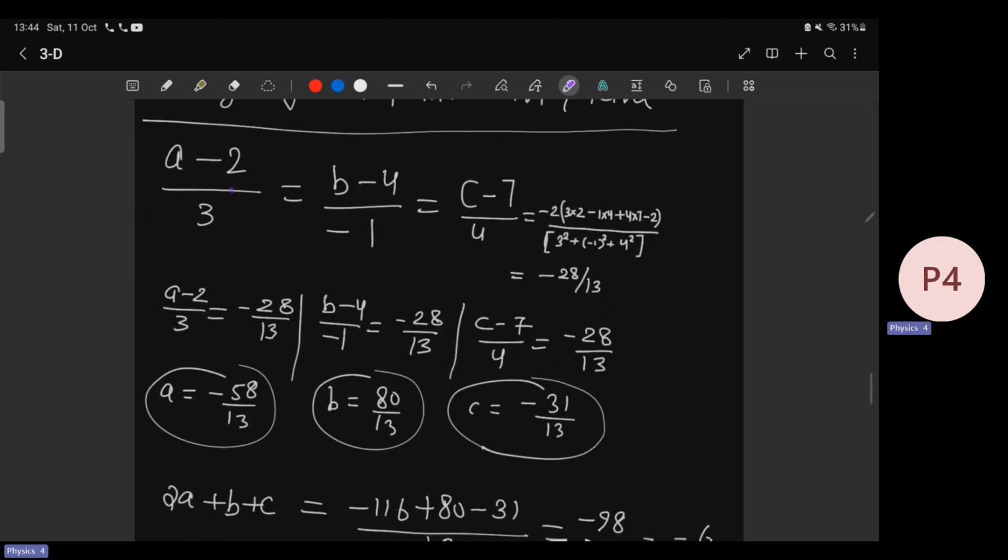So now we can equate these three: (A minus 2) by 3 equal to this, (B minus 4) by -1, (C minus 7) upon 4. So from here, we got A equals -58 upon 13, and we got B equals 80 upon 13, and similarly, we got C equals -31 upon 13.